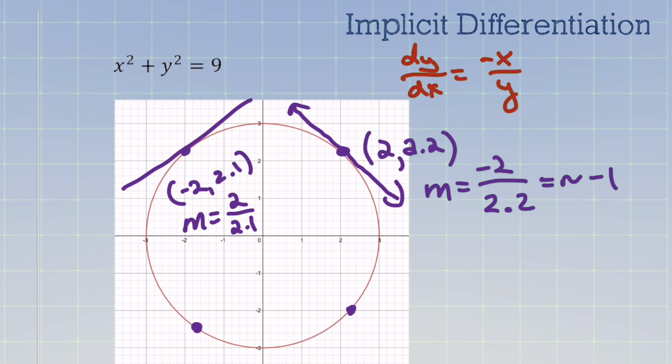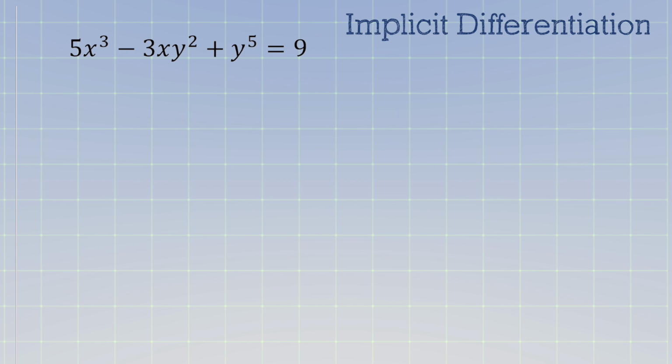You could do the same thing over here. This would work everywhere. So the derivative is composed of x and y information. It was the opposite of x over y. So that's a really cool thing, that we can find slopes of tangent lines on graphs that are not functions.